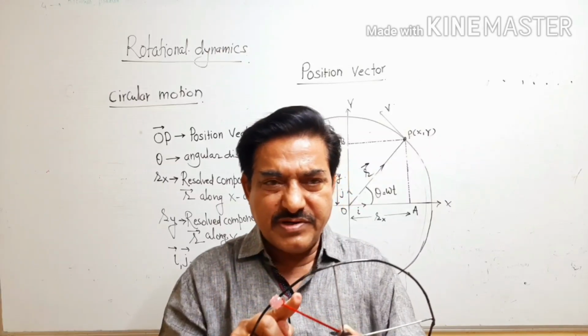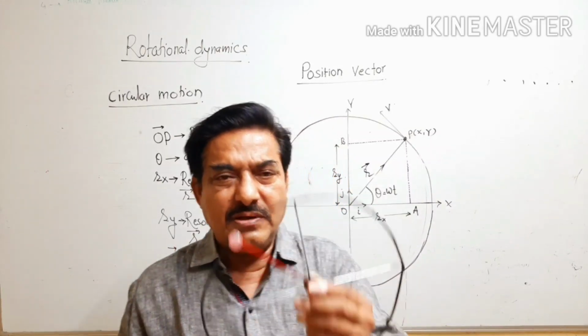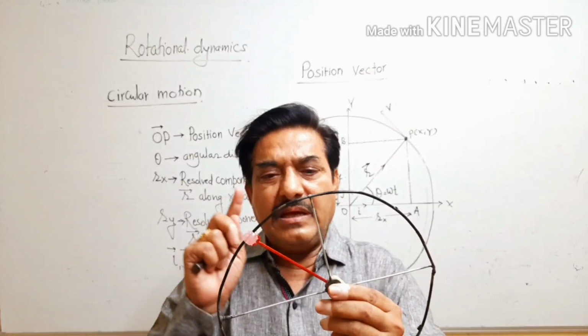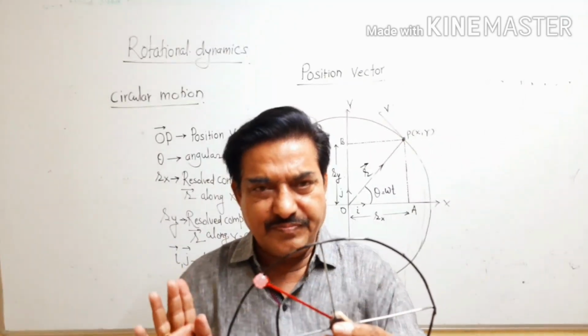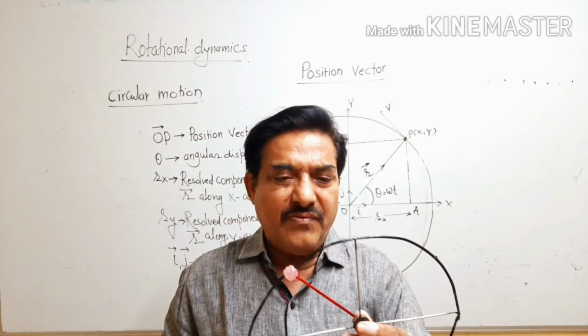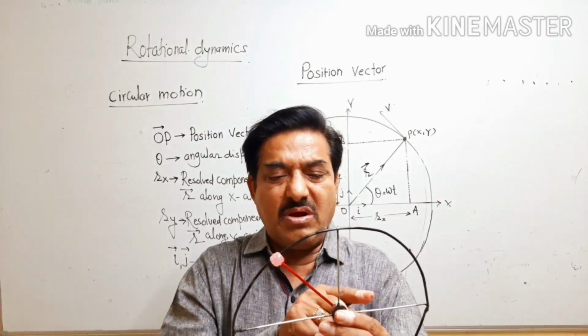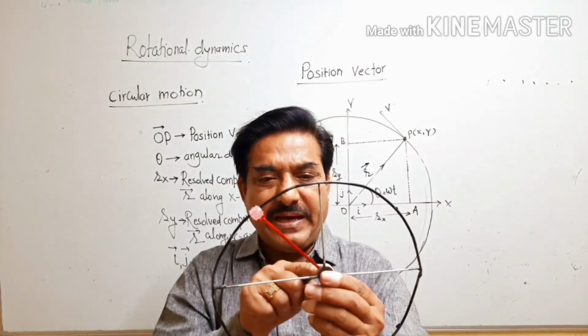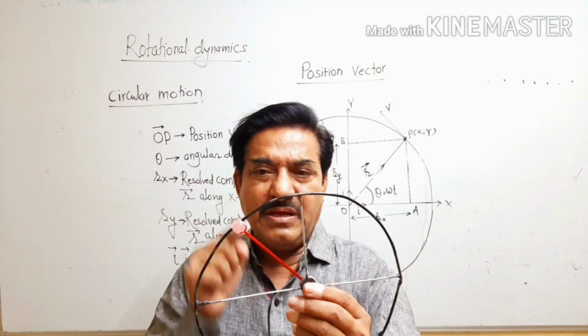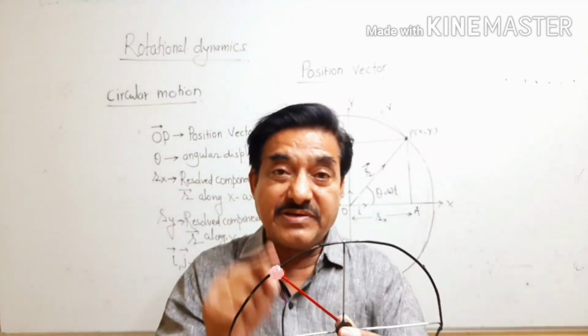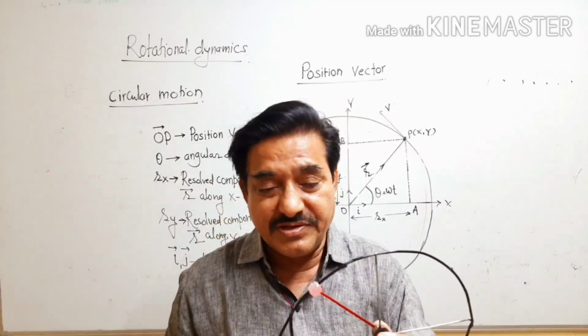Every position vector is a radius vector, but any radius vector cannot be a position vector. Only when the origin of the x-axis and y-axis coincides with the center of circular motion, such a radius vector is known as a position vector.